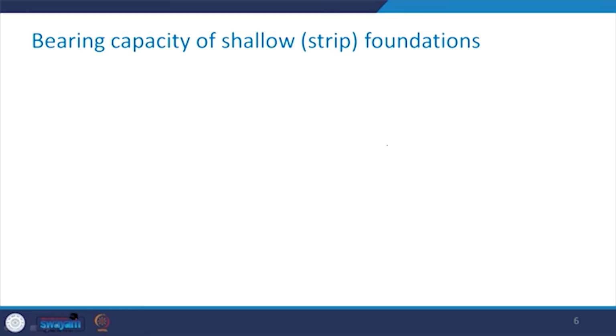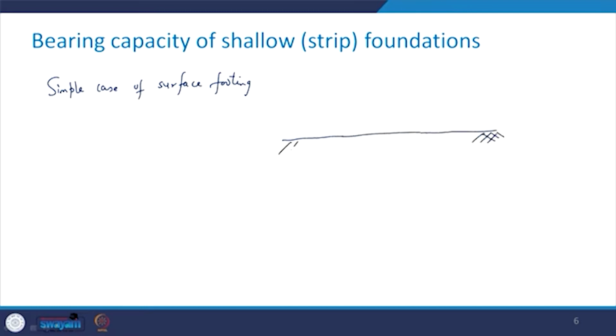So, let us now take a very simple case of a strip foundation which is resting on the surface only. Let us take the case of surface footing. So, say here you have the ground surface, and since I am considering a theoretical case of a surface footing, this is how the footing is going to look like.